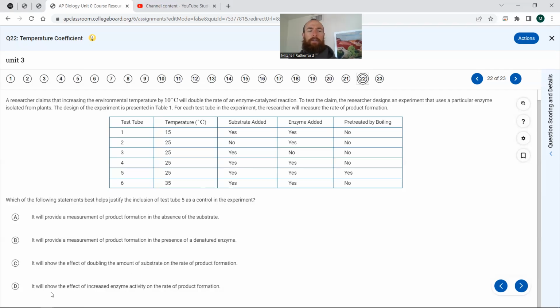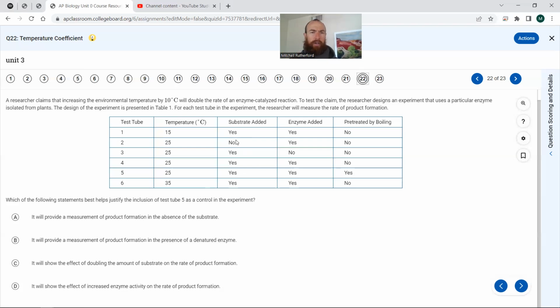But what they're asking for in D is it will show the effect of increased enzyme activity on the rate of product formation. What they are saying is, all right, let's add the substrate and the enzyme and pre-treat it with boiling. But that is denatured. I am now seeing, this is very important when you're looking at data: always circle the weird thing.